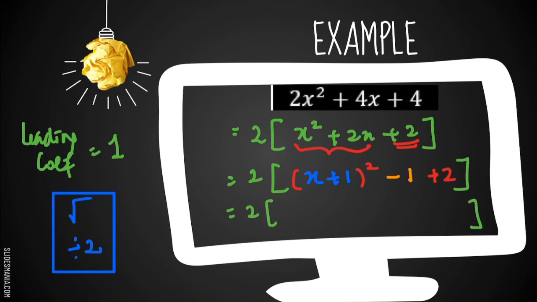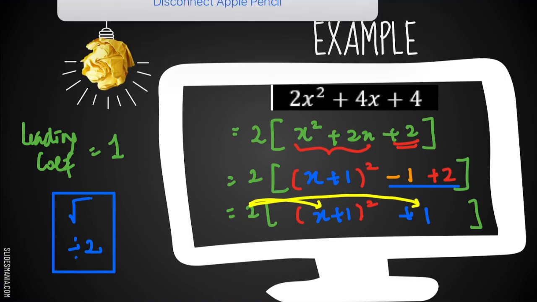Put 2 outside. Let's rewrite back our completed square here, which is x plus 1 squared, and let's solve this constant term here. Minus 1 plus 2 will become plus 1. And for the final step, let's multiply this 2 inside towards your first term and multiply 2 inside towards your second term.